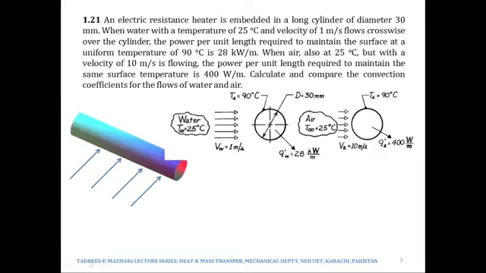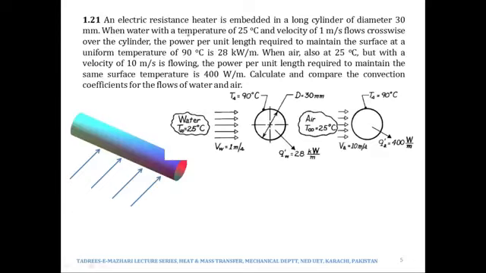Or it may be a pipe carrying oil, and we might be heating up the oil so as to reduce its viscosity, and the reduction in viscosity will lead to lesser power requirements for pumping. So there may be various reasons for which that electrical heater is embedded inside it.